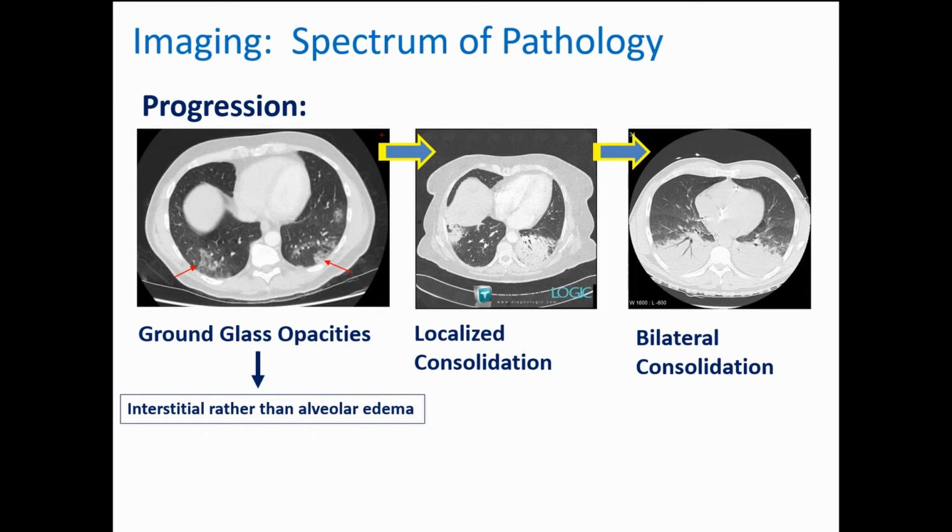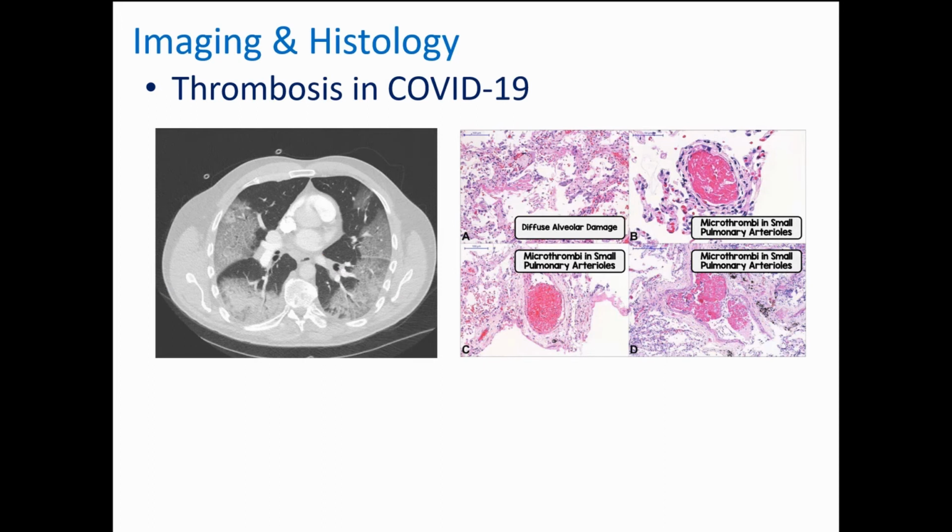I know one group in the Netherlands wrote a review article a couple of weeks ago, and they alluded that such patterns are quite specific for SARS-CoV-2 infection. I'm not sure at this point. I'm not convinced by one publication. I can go about that, but certainly imaging guides you not only to better diagnosis but also prognosis.